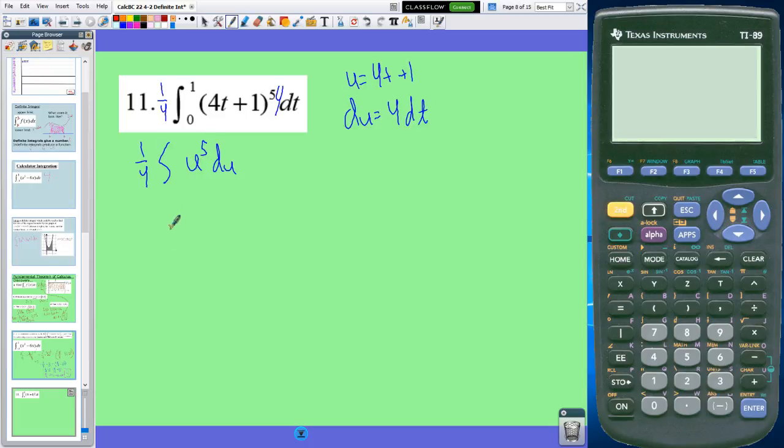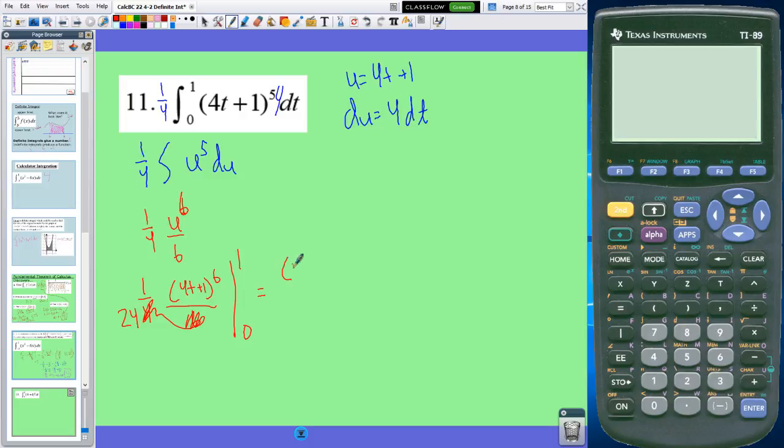So the antiderivative of u to the 5th is u to the 6 over 6 times 1/4. Now I'm going to plug the u back in. So it'll be 1/4 times 4t plus 1 to the 6 over 6. And the limits are from 0 to 1. All right, so plugging in, this is 4 times 6. I'm not going to write this mess. It's just 24 on the bottom. All right, so plug in 1 first.